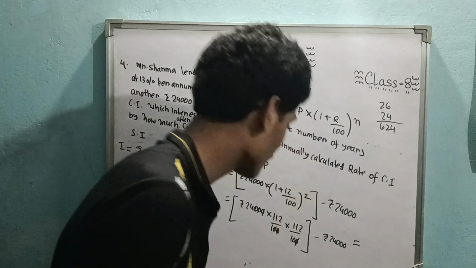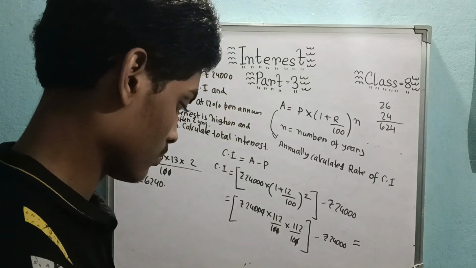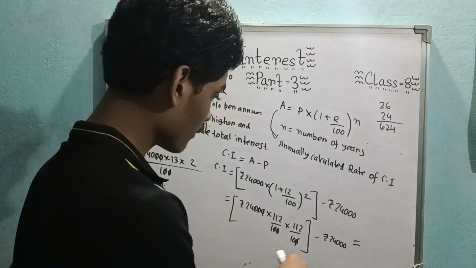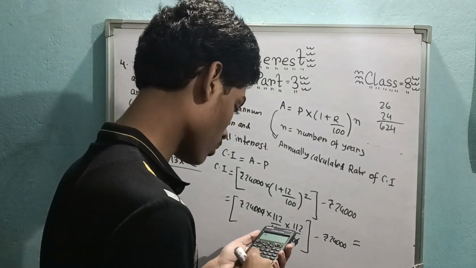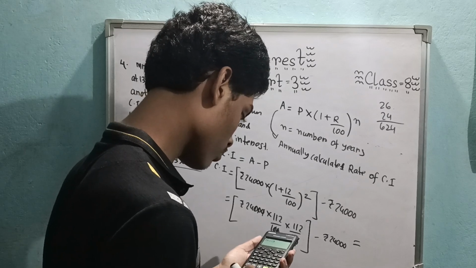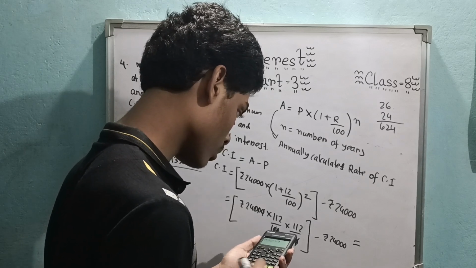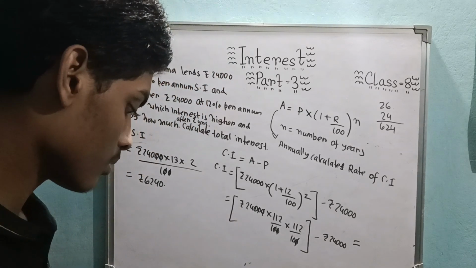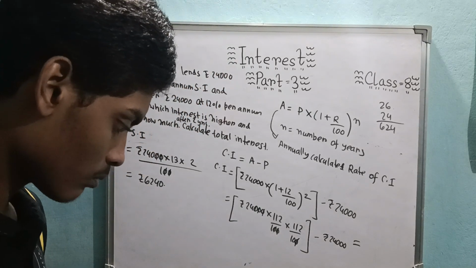Let's calculate. I just got rid of all the zeros. So 24 into 100, 12 into 112, 42 divided by 10. What is this?